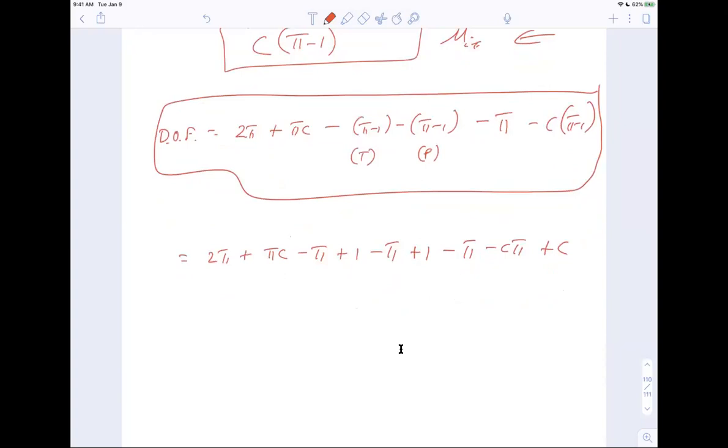So here's a pi C minus pi C. So here's a 2 pi minus 1 pi minus another, so that's gone. Let's see, these two are going to add up, 1 and 1. That's going to give me a 2.